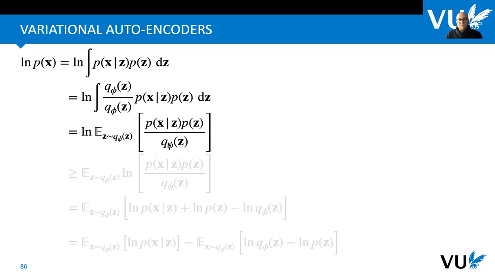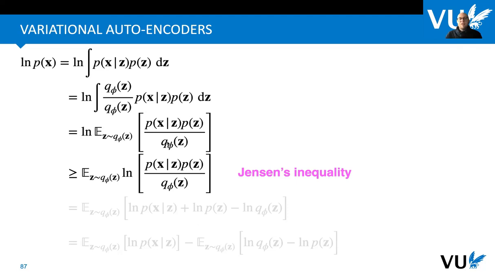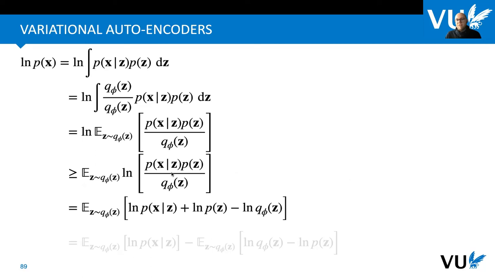Then we use one of my favorite inequalities in mathematics, Jensen's inequality. It says that we can actually move the logarithm inside the expected value, but then we get a lower bound. We need to remember that this is a lower bound. Then once we have the logarithm inside, we can apply it to the product or the division.